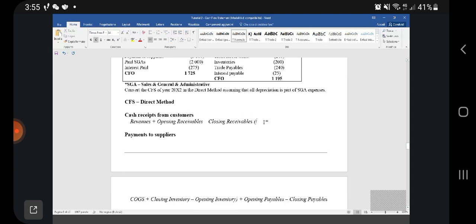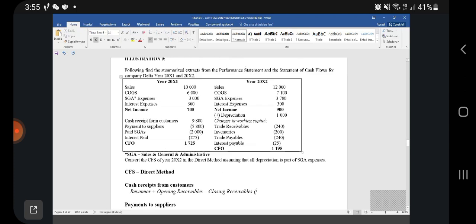To make it more clear, the sales are 12,000 over here, less 240. This will give us an amount of cash receipts from customers of 11,760.